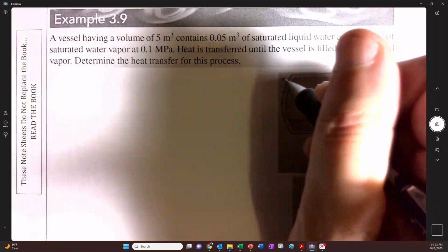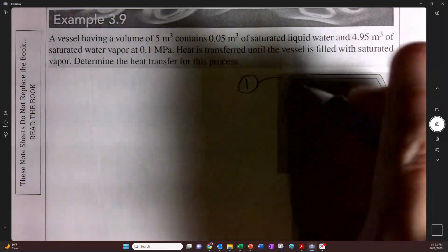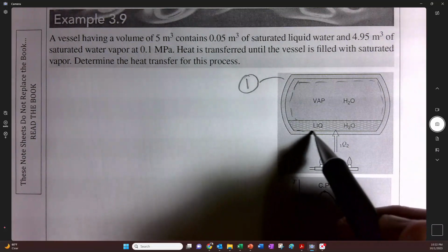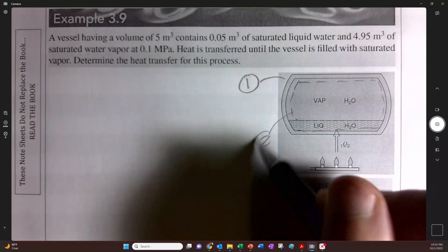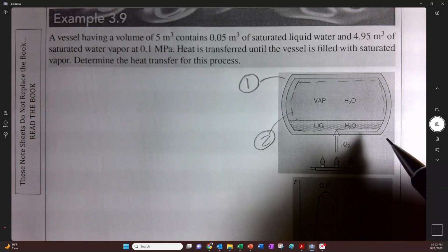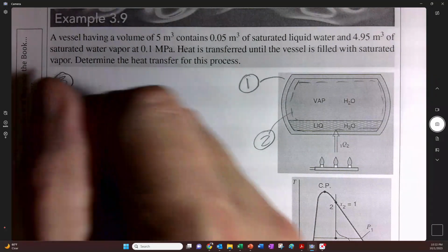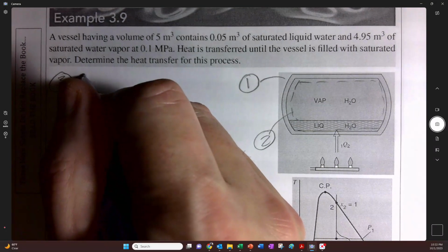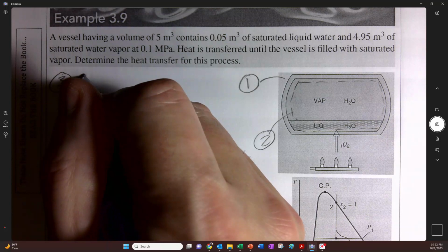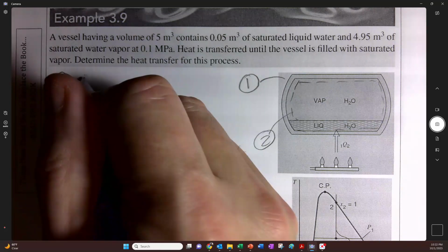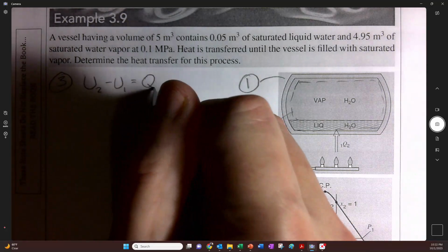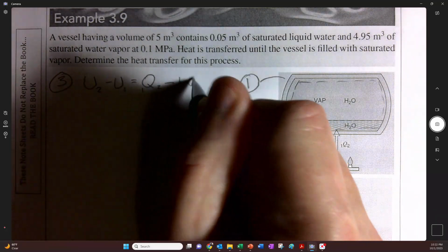From our steps, we already had that sketch made, and as I mentioned, I drew a control volume. That was step 2. Then step 3, we write out our main equation. I can leave off the kinetic and potential energy, so we have U2 minus U1 equals Q1 to 2 minus W1 to 2.